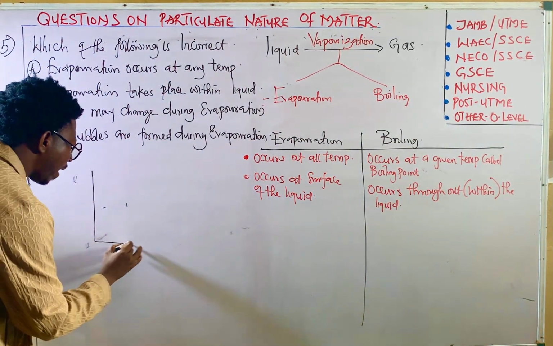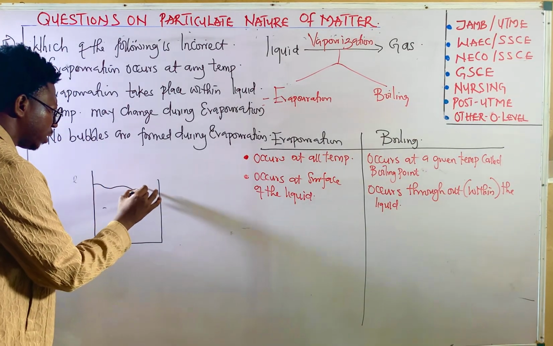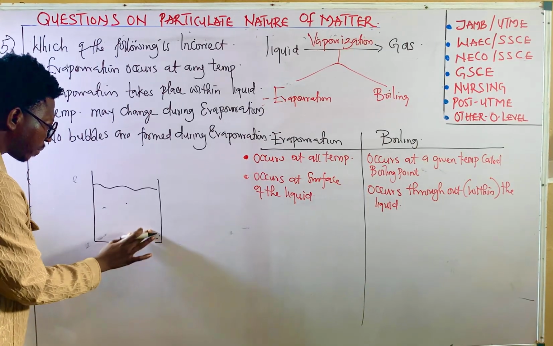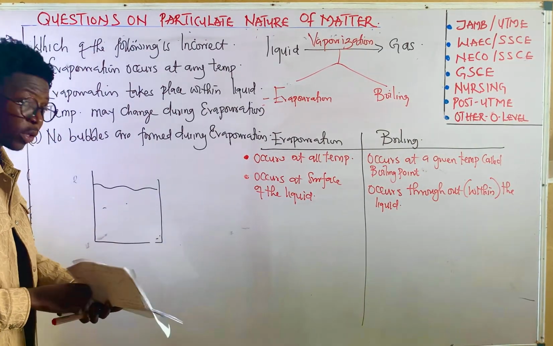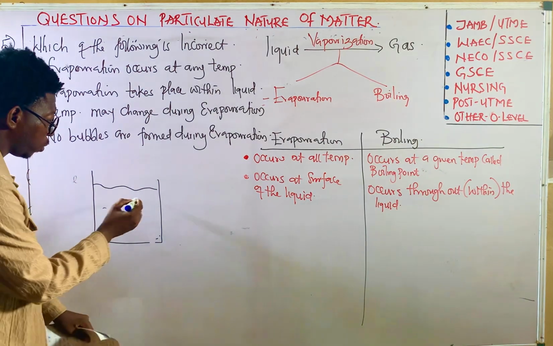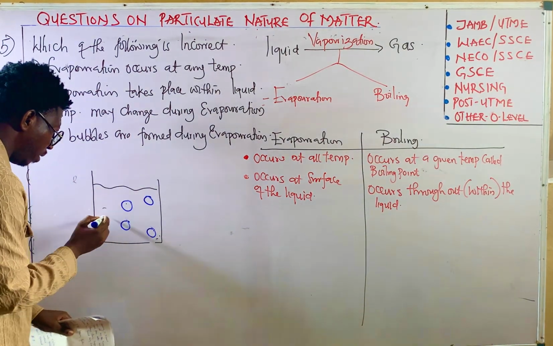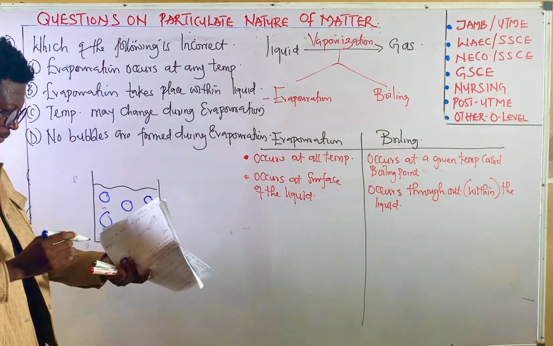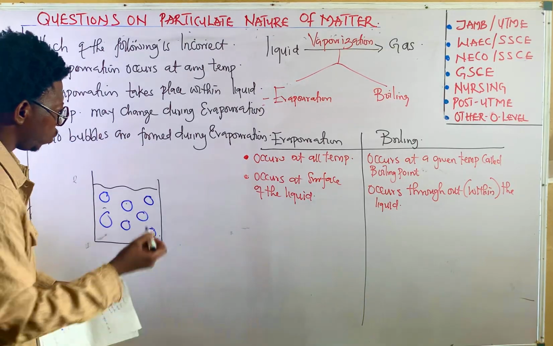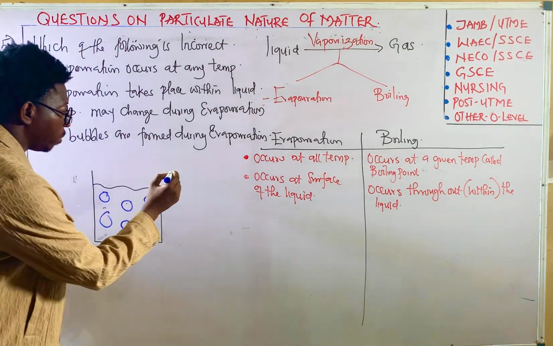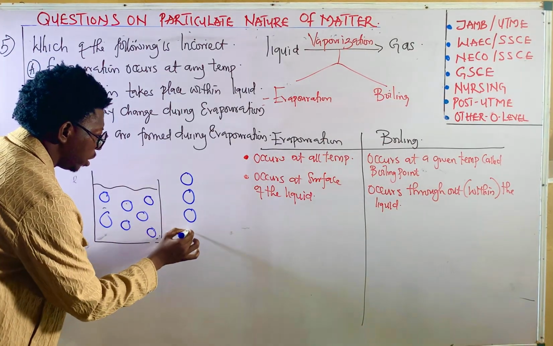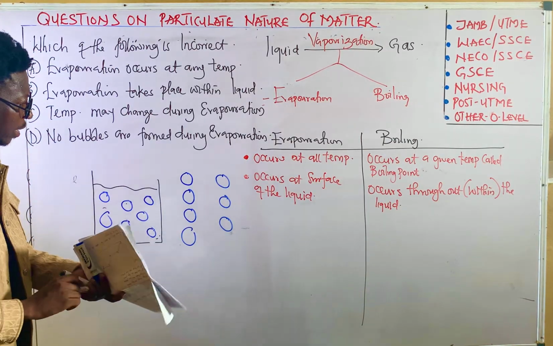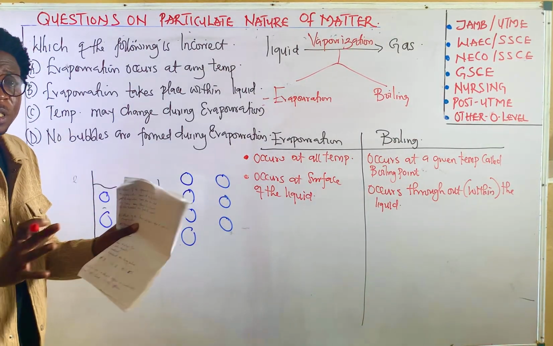Watch. If I have a vessel containing water, and this vessel has a lot of water particles, let's say it has 1, 2, 3, 4, 5, 6, 7. Let's say each of them has its specific kinetic energy.